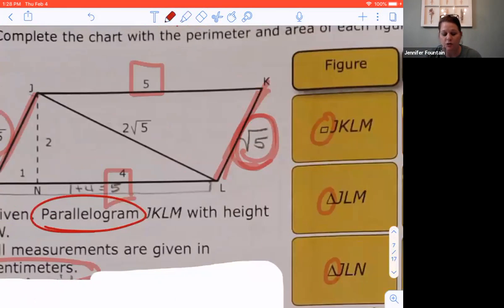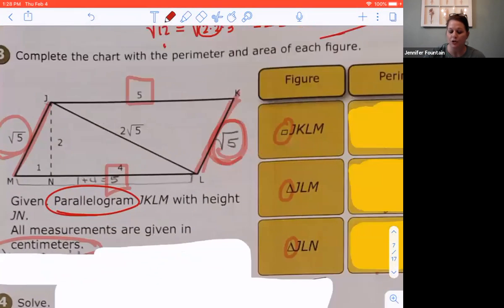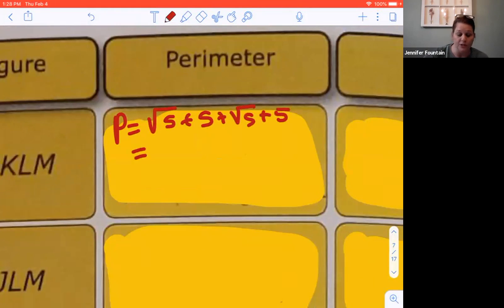But when I look at my sides, I have the square root of 5 and 5 are my 2 sides, and I have 2 of each of them. So I can either say that the perimeter is equal to the square root of 5 plus the square root of 5 plus 5 plus 5, which is the same as saying 2 times the square root of 5 plus 2 times 5.